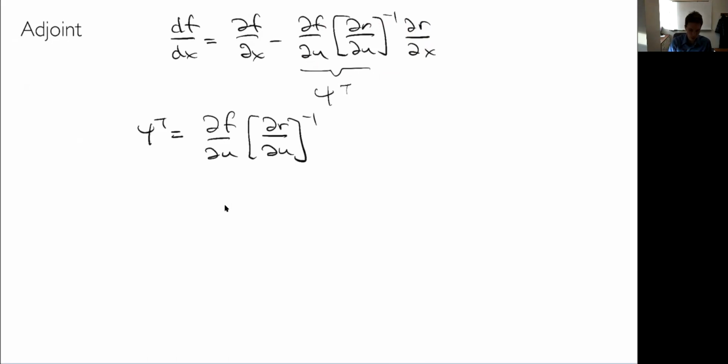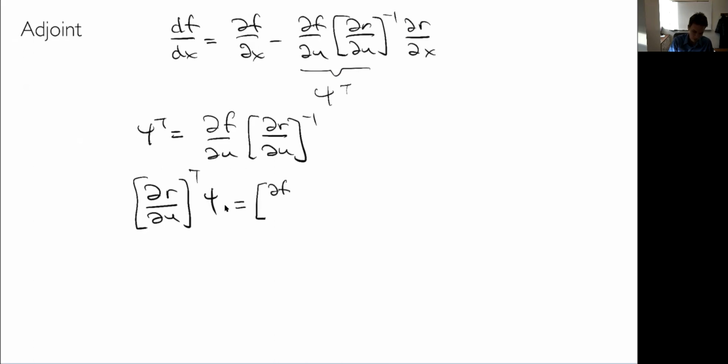Now, if I take the transpose of this whole thing and then I multiply on the left by partial r, partial u, I'm going to do that whole thing in one step here. I'm going to get partial r, partial u transpose times psi. I'm just doing that because I want to write it in that kind of Ax plus b form.